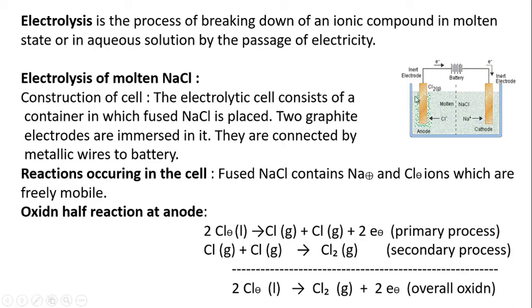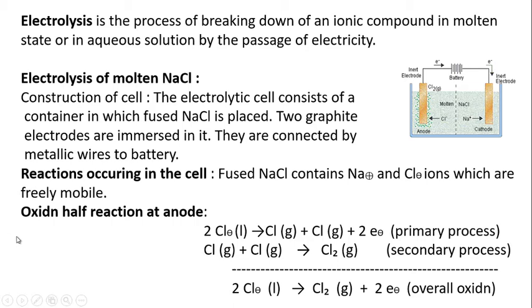When the electric current starts, a non-spontaneous chemical reaction takes place. Now we are going to see which reactions occur in the cell. This molten or fused NaCl contains Na+ ions and Cl- ions in the solution, and these ions are free to move in the solution.